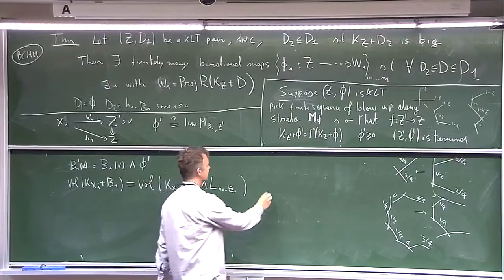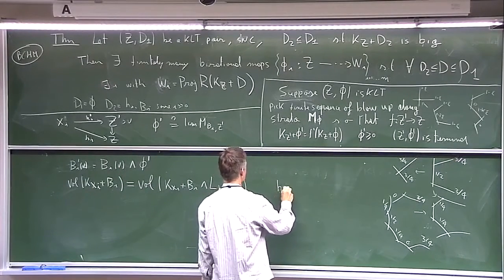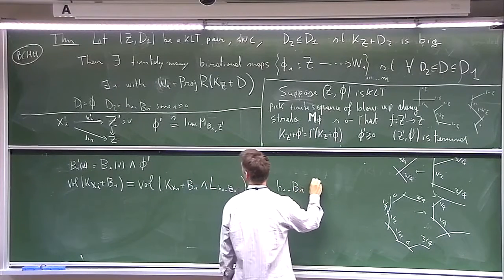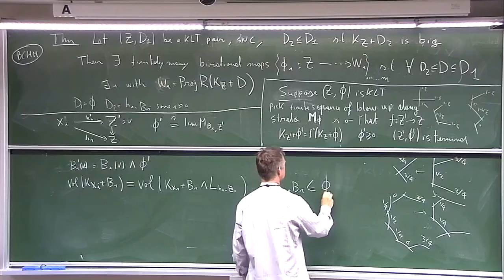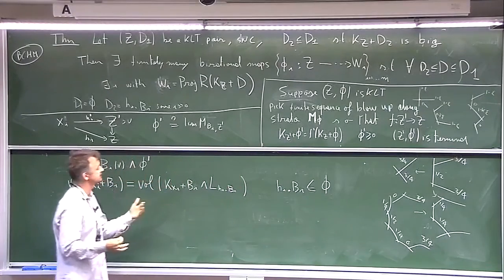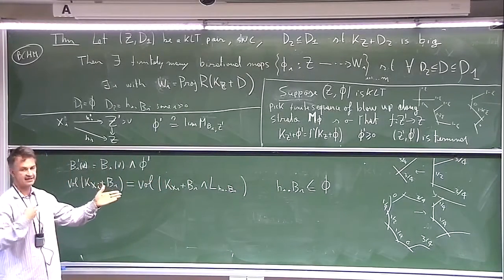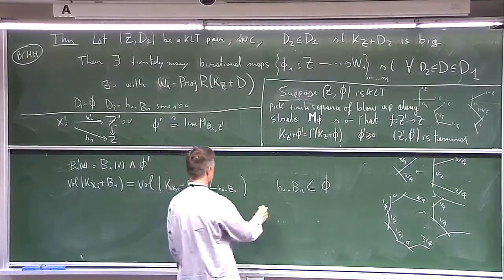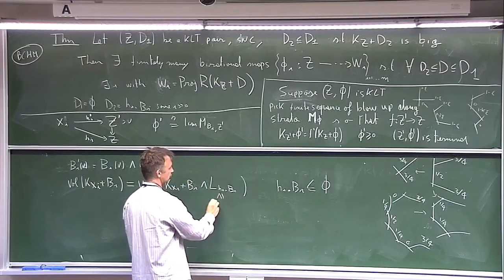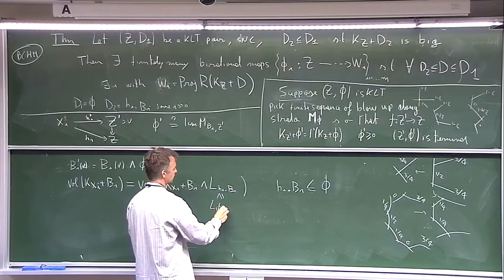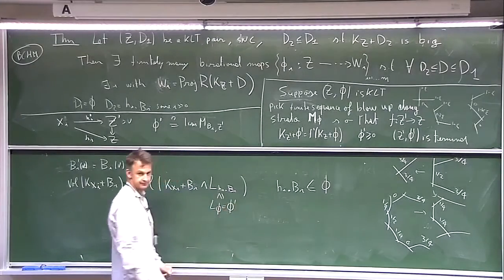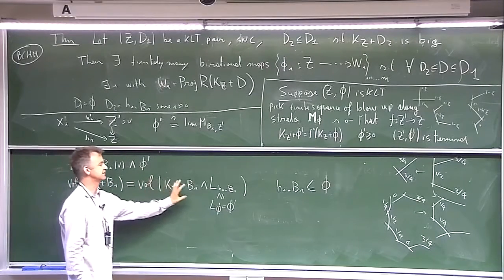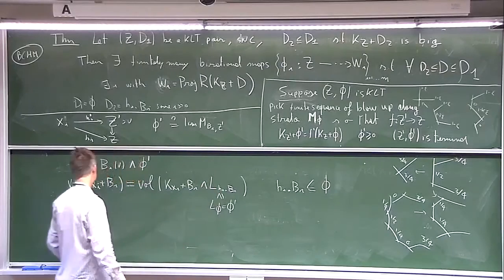Now you see, I'll explain this in a second. h_i lower star of b_i is going to be less or equal to phi because that's how phi is defined, as the limit of the push forward of these b_i's. And consequently, this guy here is less or equal to L of phi, which happens to be phi prime. So why do I have this semi-surprising thing?